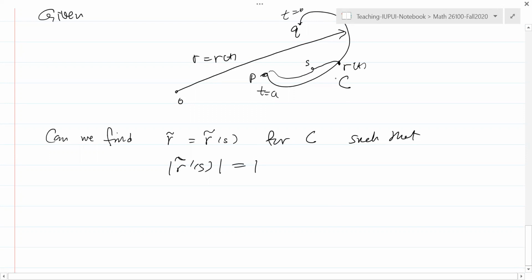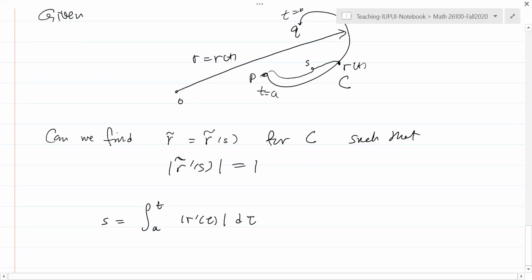The relationship between s of t, according to my formula, is going to be the integral from a to t of the length of the derivative. To avoid confusion with the notation, let's use tau here, d tau. You can always choose a different parameter.